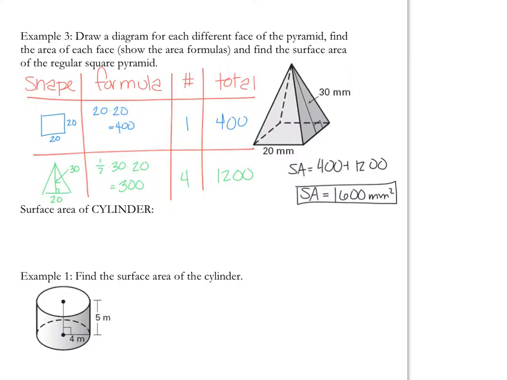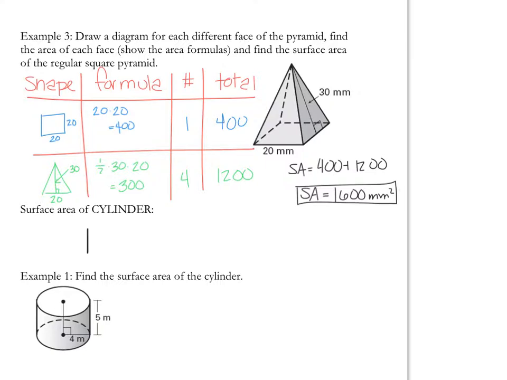So if you take a piece of paper and you roll it up, it's going to be a cylinder. When you unravel it, this middle part, the one all the way around, is going to be a rectangle.